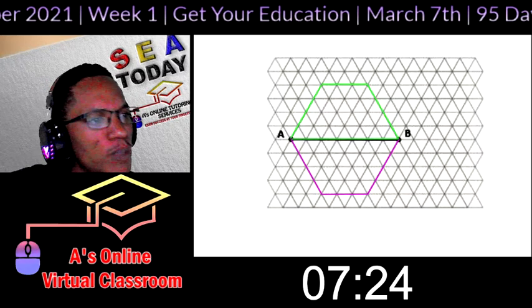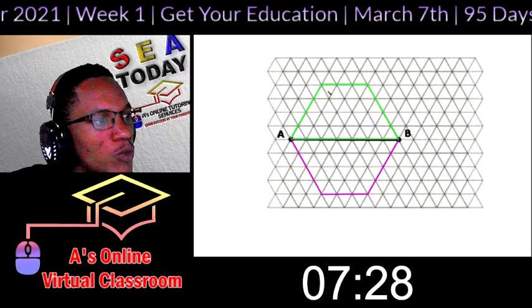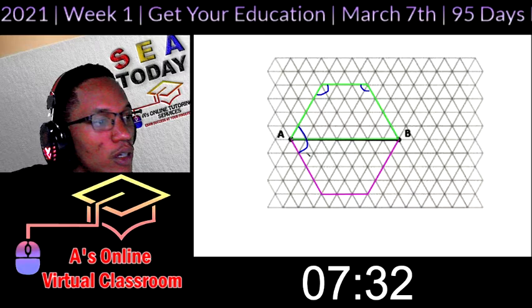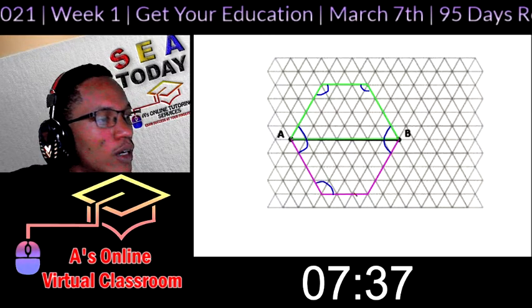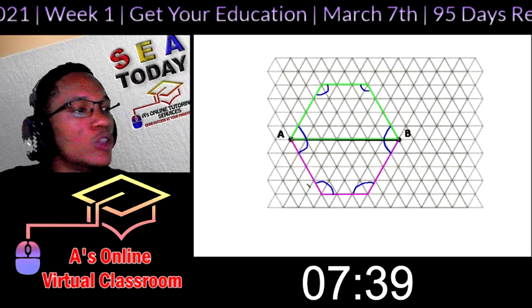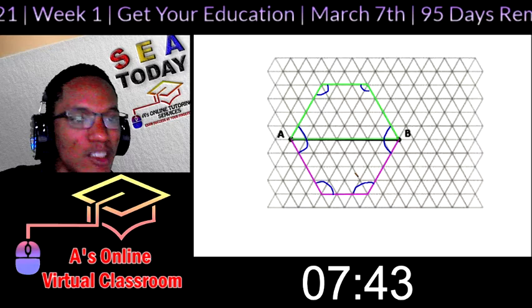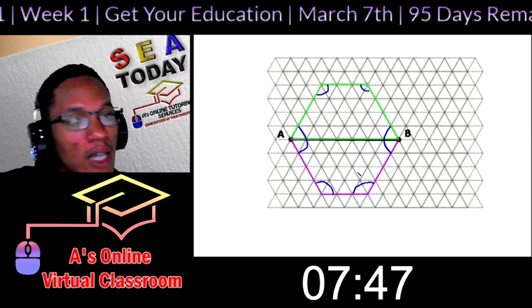So in this shape, we now have a number of angles. We have one angle here, one angle here, one here, one here, here, and here. So in total, the shape now has 6 angles. There are plenty more things you could say about these angles.